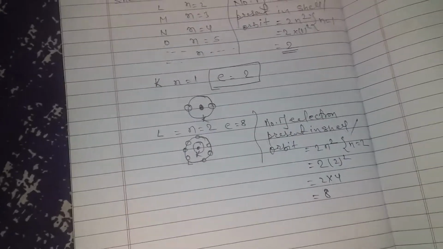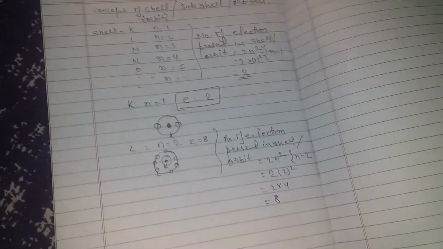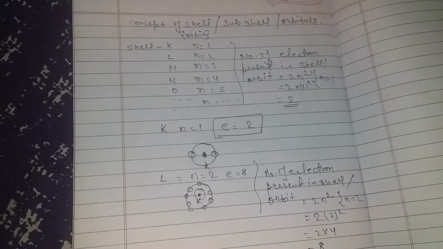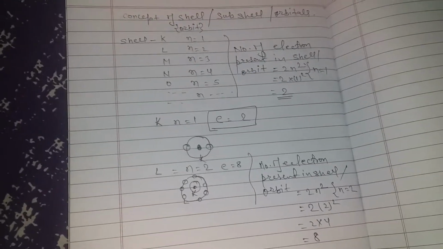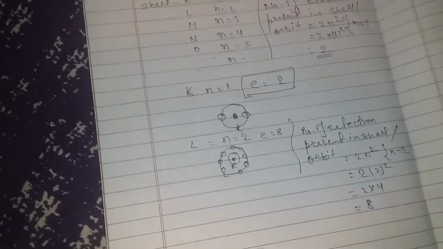And now we find the number of electrons present in subcells. You know subcells, how many types?